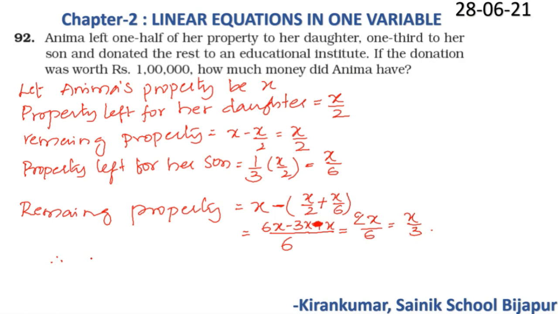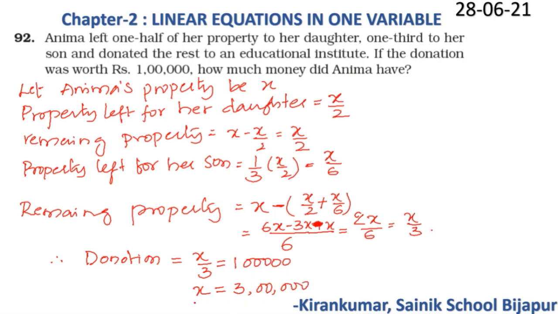Therefore, the donation to the educational institution is the remaining amount, which is equal to 1 lakh. Therefore, the value of x becomes, on cross multiplication, 3 lakh.